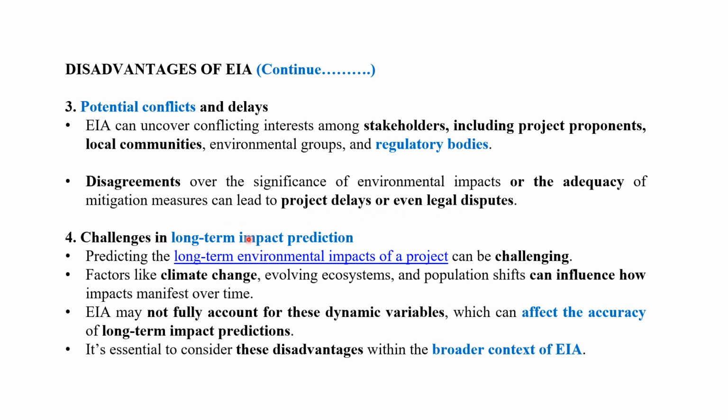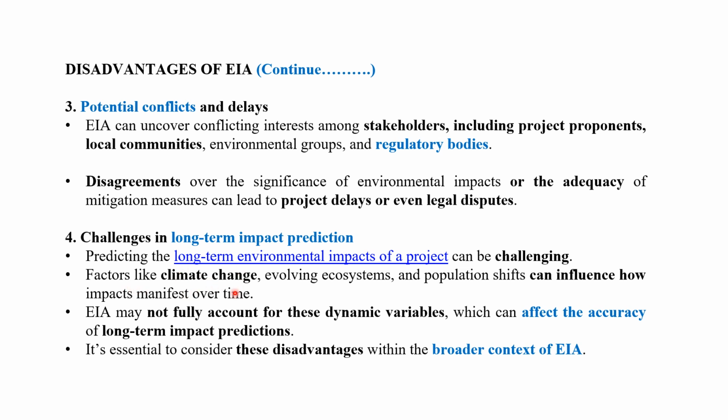Next, challenging long-term impact predictions. Predicting the long-term environmental impacts of projects can be challenging. Suppose the EIA team wants to assess the long-term effect of any development project. It is very challenging. Why is it challenging?